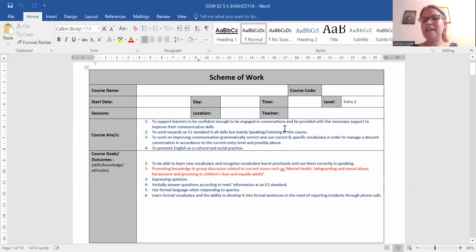Clearly, this is a speaking and listening course, and they are provided with the necessary support to improve their communication skills. So this is a speaking and listening scheme of work. This needs to be changed if you are doing reading or writing or any other subject.